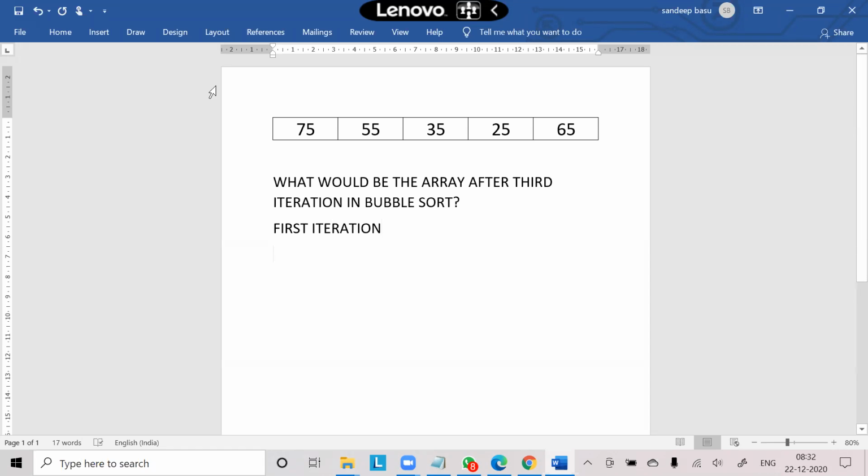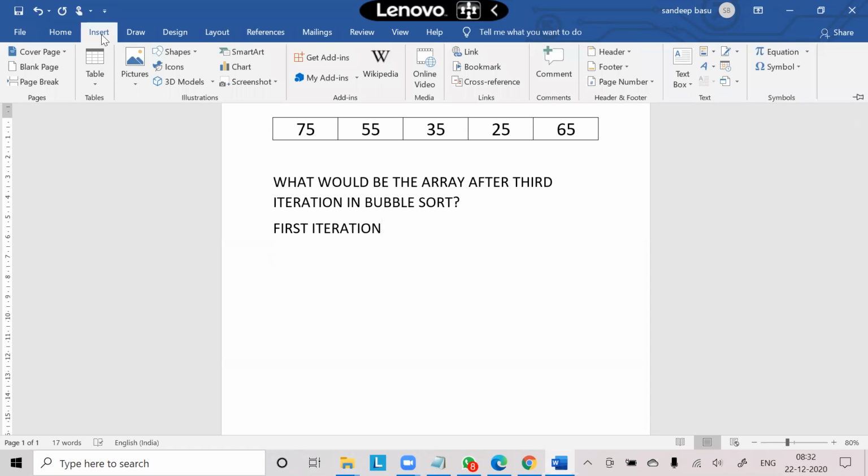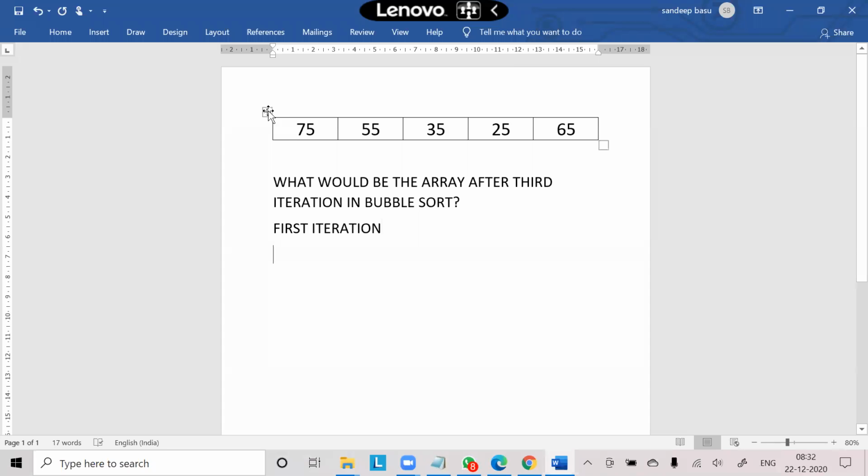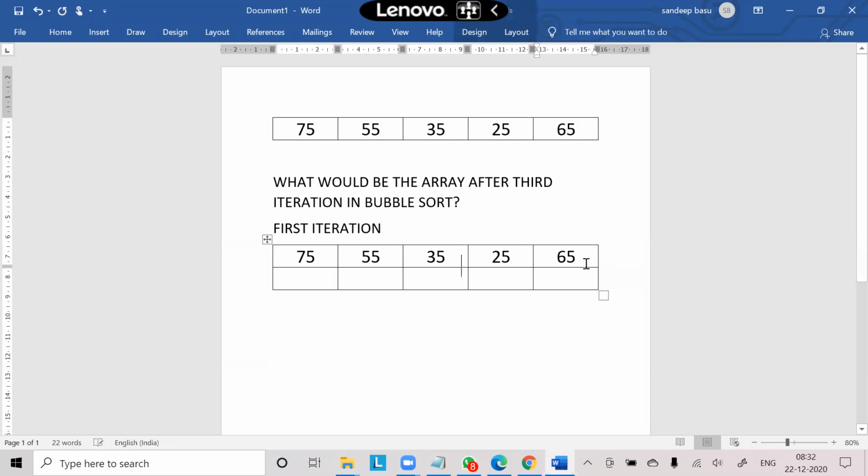First iteration. So what is going to happen? Let me bring my control C, control V. Okay, first iteration. This is what is taking place. First step. 55, 75, 35, 25, 65. Look, I am solving it like this.